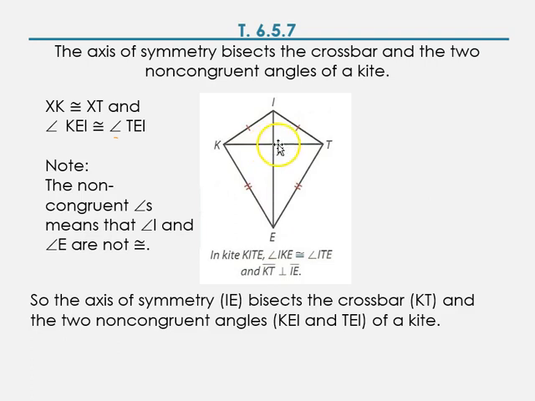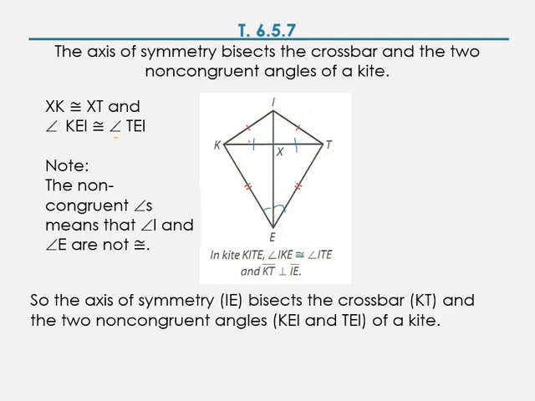So it will now make a situation where we have, let me get a different color, KX and XT will be congruent. And angle KEI and angle TEI will be congruent to each other.